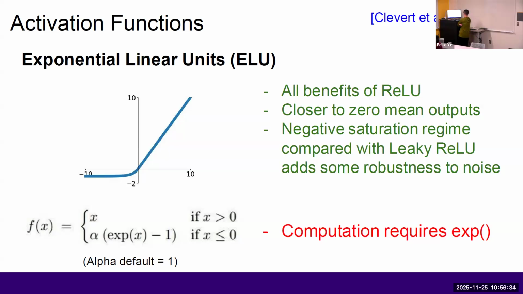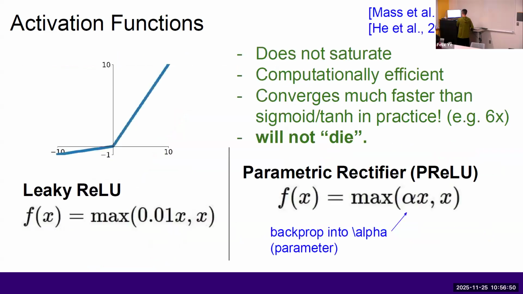So the negative saturated regions are comparable with the leaky ReLUs. You can think of the small regions as looking like a leaky ReLU, but it adds some robustness to the noise. One reason we say that is, with leaky ReLU, as x goes to negative infinity, this whole thing can actually go to infinity, so the range is from minus infinity to infinity.